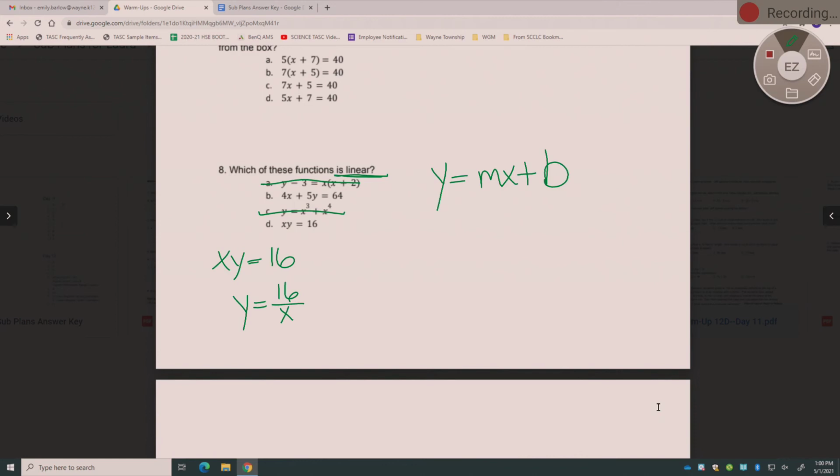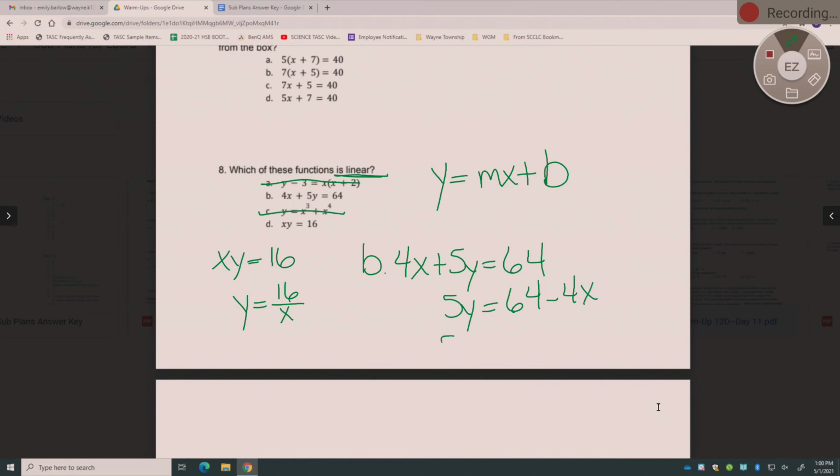But if I take B and I solve it for y, then I can do 5y equals 64 minus 4x.